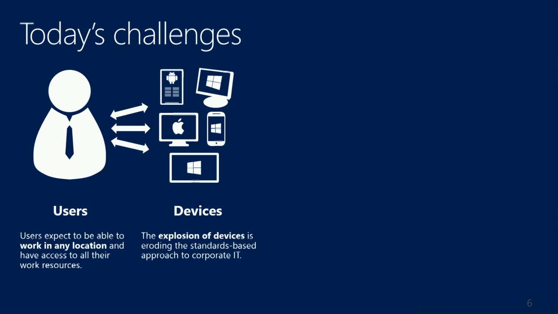And the second aspect that has changed in the last few years is that, at least from a Microsoft perspective, we saw a lot more heterogeneous devices come into the mixture of being able to access work resources. As a result, we call this consumerization of IT, bring your own devices.